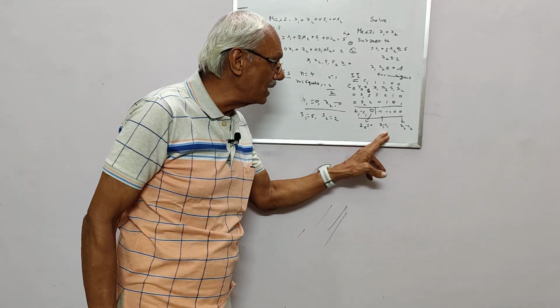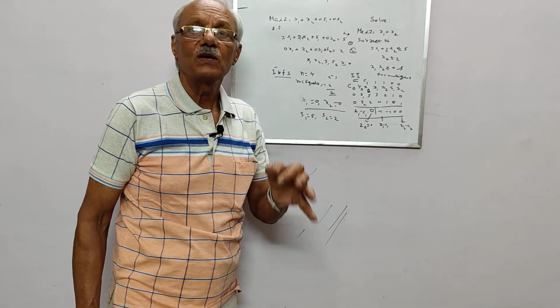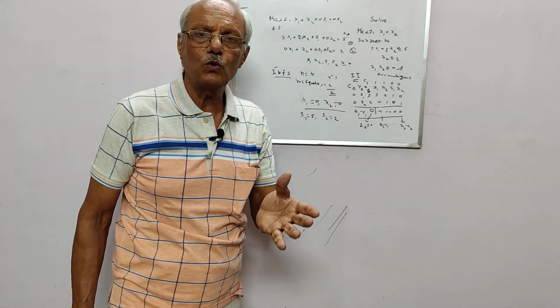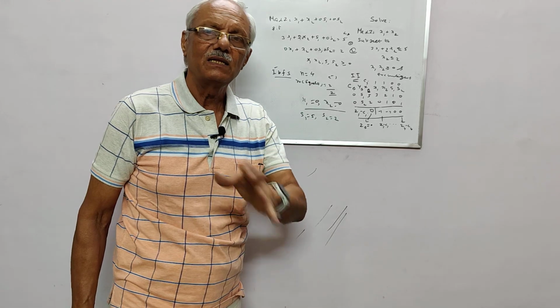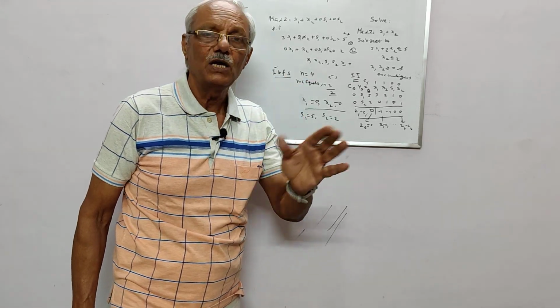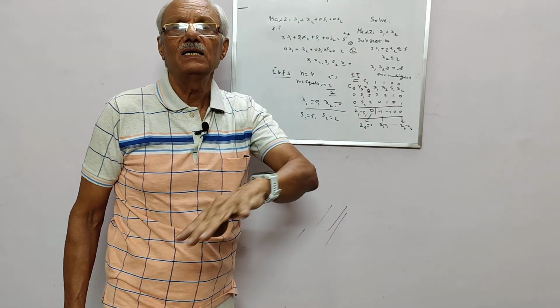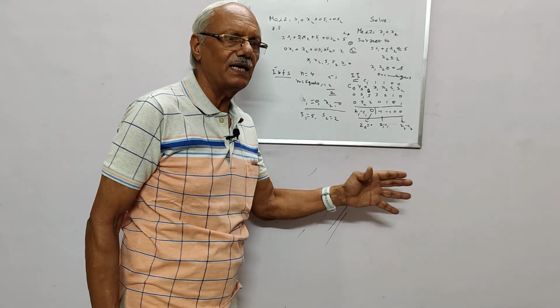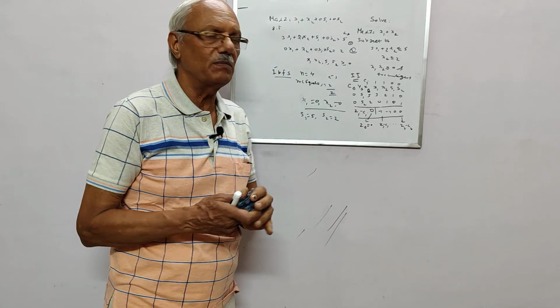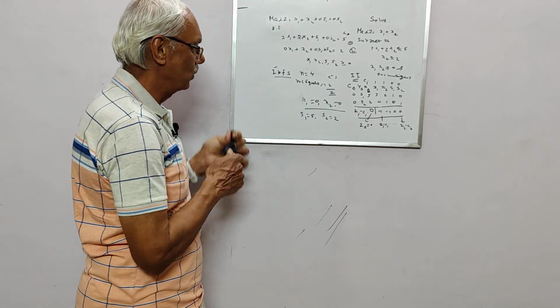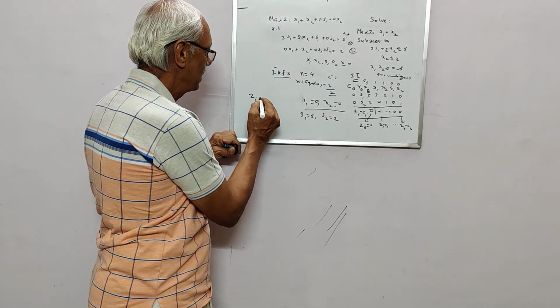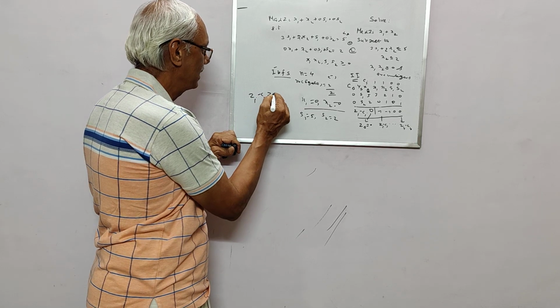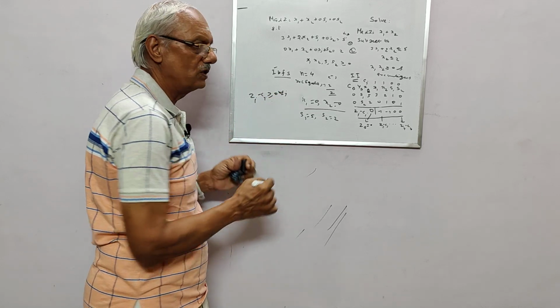Even if there be one Zj minus Cj which happens to be a negative quantity, then we say that the optimal solution is not obtained. You pass on to the next iteration. Are you able to understand? So the condition here is that all Zj minus Cj must be greater than or equal to 0, that is, Zj minus Cj greater than or equal to 0 for all j.